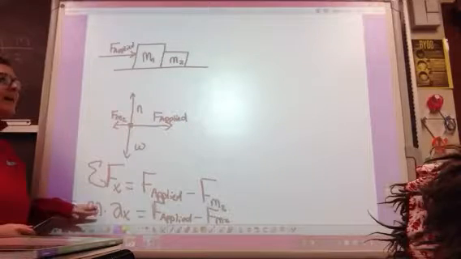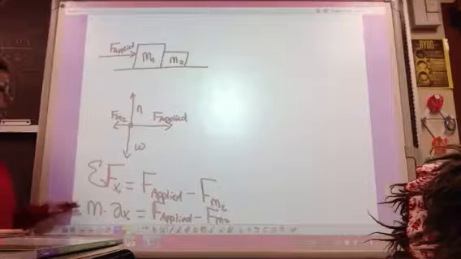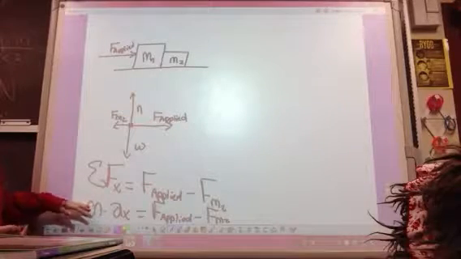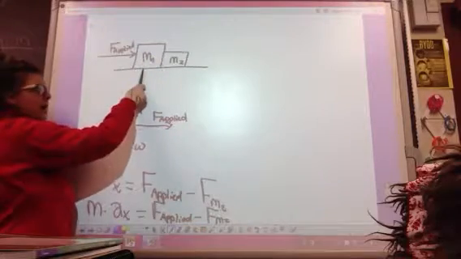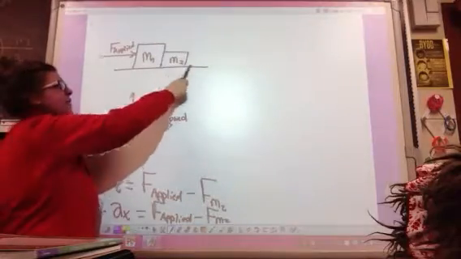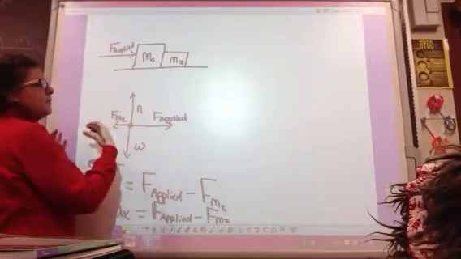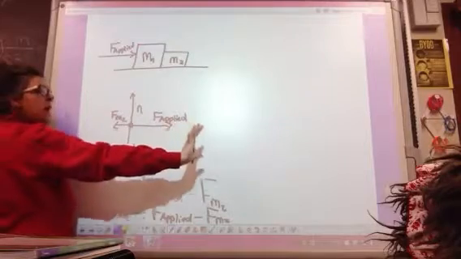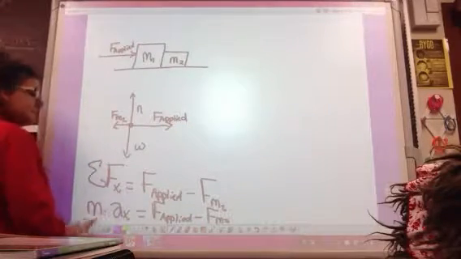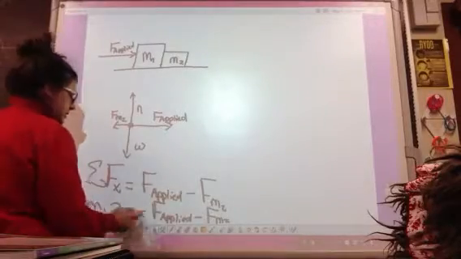But let's think about mass, because we're thinking about this as the entire system. So because this is the mass of the entire system, I don't just think about M1, but I'm also going to have to take into account M2, because both of them would be accelerating. They're moving together, because M1 is pushing on M2, so they're moving kind of as a unit. So this isn't just M1, this is actually M1 and M2.